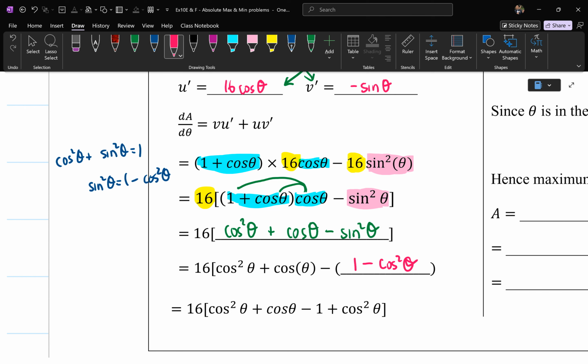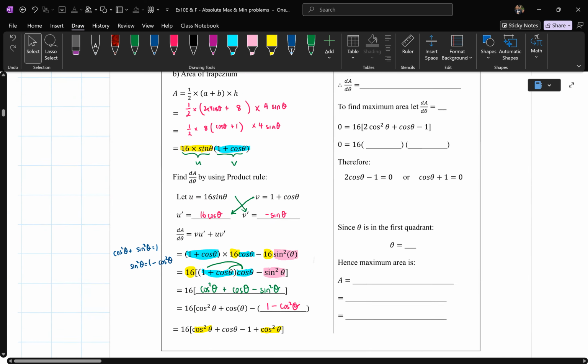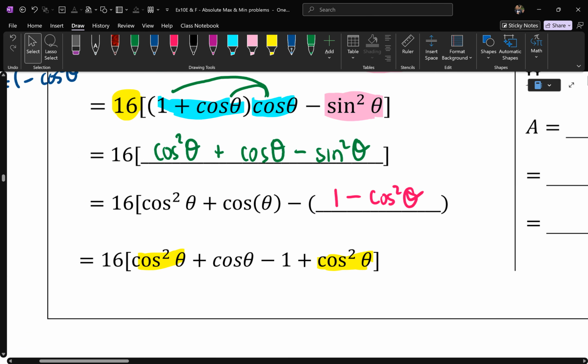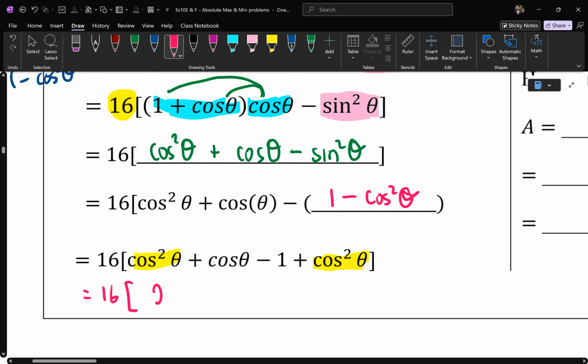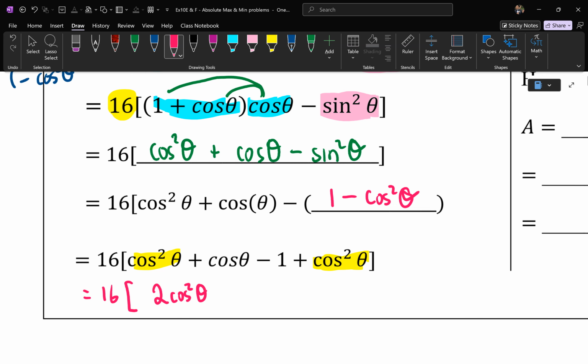So as you expanded it, negative times 1 is negative 1, and negative times a negative becomes positive. Now we can see that cos squared theta plus cos squared theta, there's 2 of them. And that gives you 16 times 2 cos squared theta plus cos of theta minus 1.